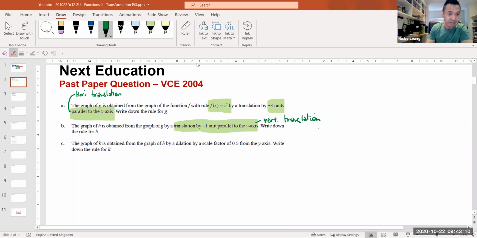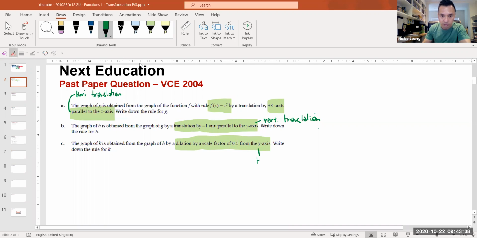So basically A and then B cumulatively. And then graph K is obtained from H. So once again, it builds off B, by dilation by a scale factor 0.5 from the x-axis. Sorry, from the y-axis. If it's from the y-axis, that is a horizontal dilation, because I'm moving away from the y-axis.